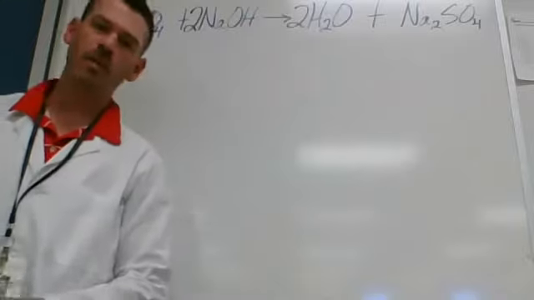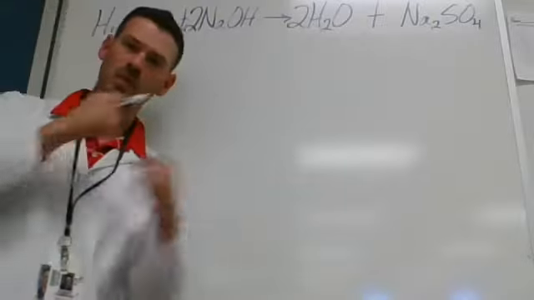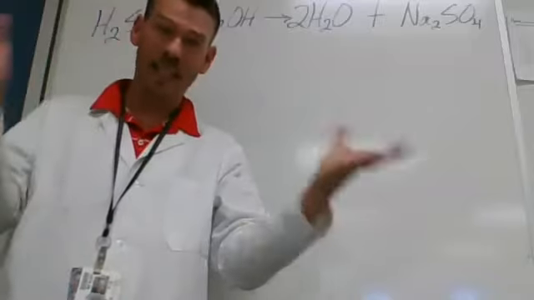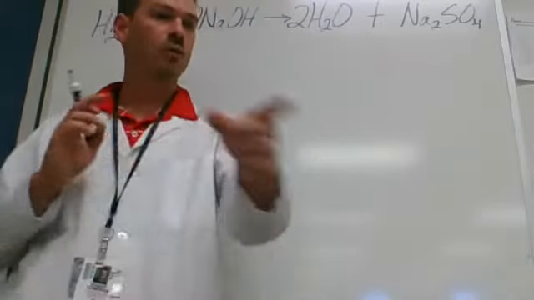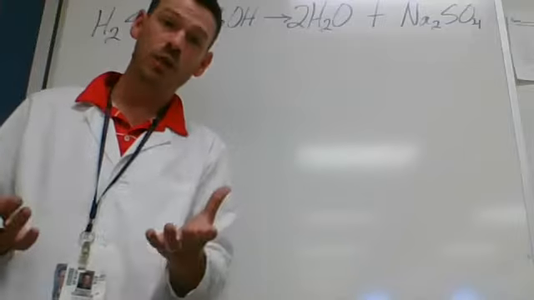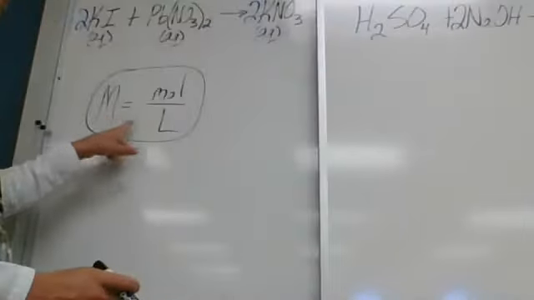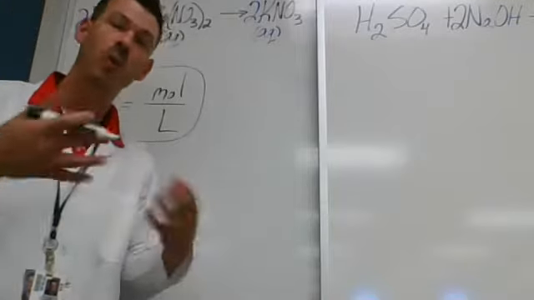If you look at the problem, you'll see there's some information that we can extract. I like to pull the numbers out of the problem and line them underneath who they're describing so I can easily see everything that I am working with. So for example, you'll see that the sulfuric acid is described as being present in 20 milliliters. That's our volume. However, we know that molarity absolutely requires liters. So I'll be converting mils to liters quickly throughout today.